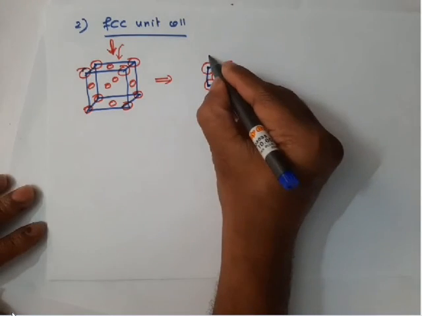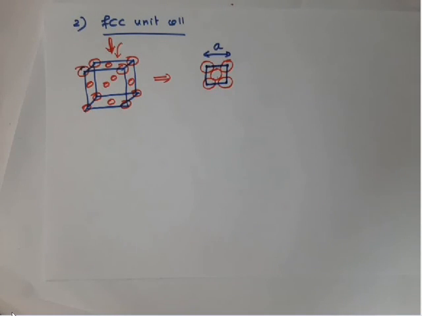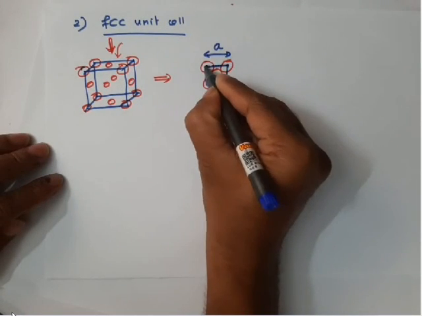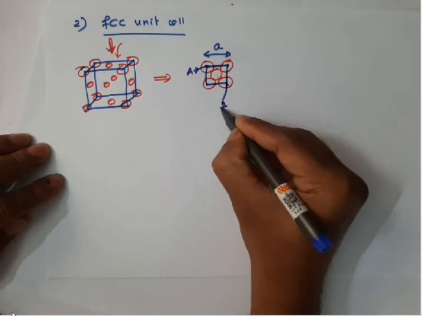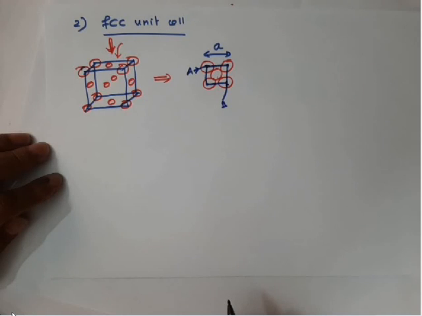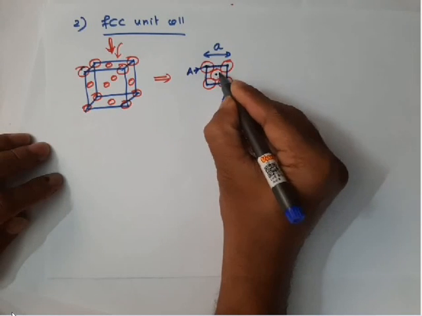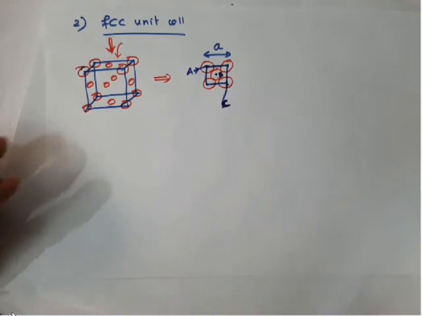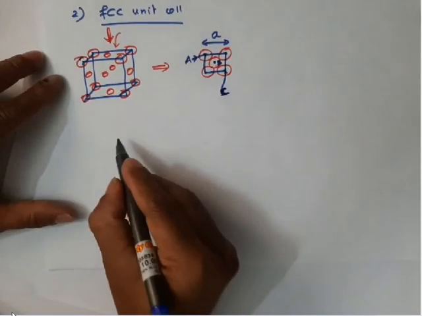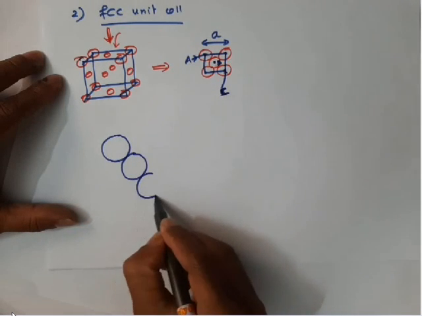And this distance is what we call A. A is nothing but the edge length. Now I'll take this center point as A and this center point as B, or you can take this center as B, this as C. The middle one is B. Let me show it in a bigger space so that it is easy to understand.